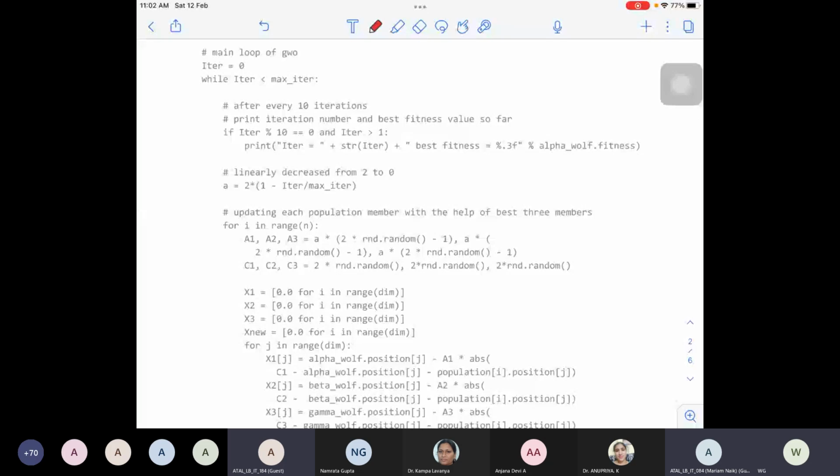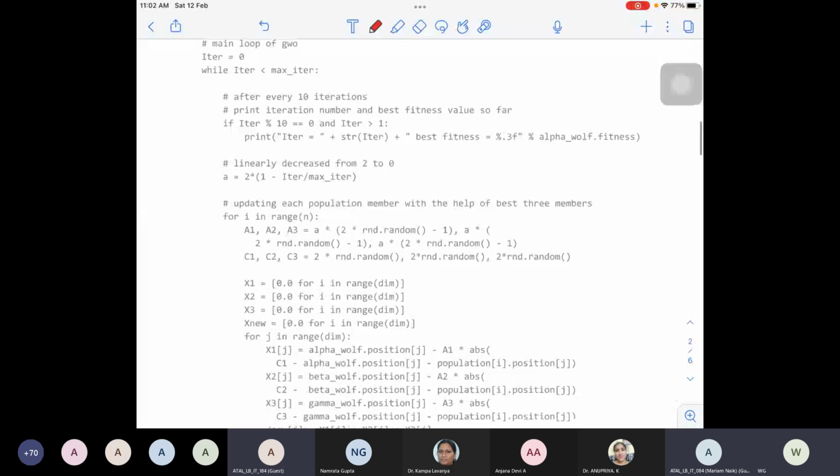So for the maximum number of iterations, as we saw earlier, you find out the variables a1, a2, a3, c1, c2, c3, and then you also find out the positions, and then you update the positions using these a and c variables.